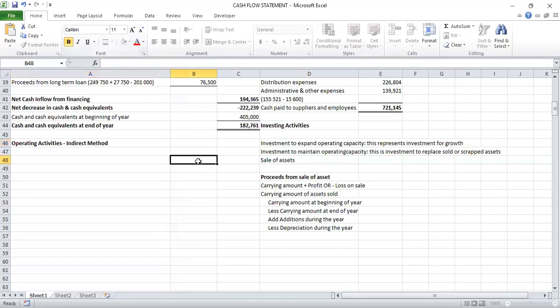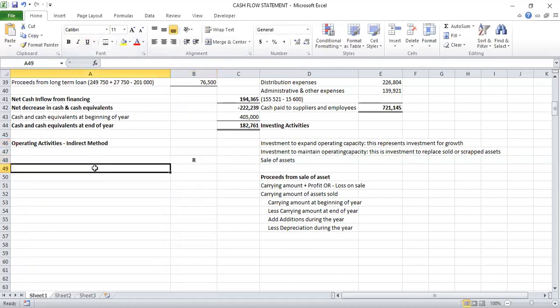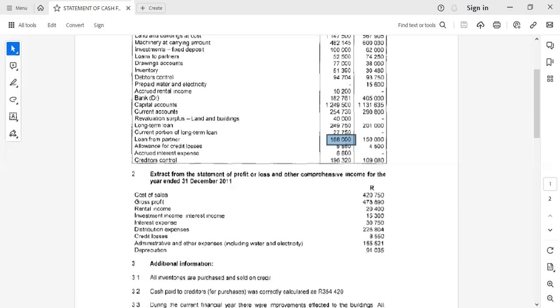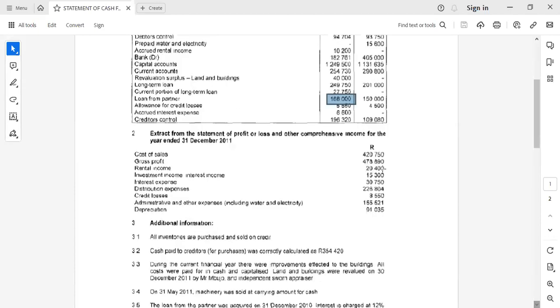When we're using the indirect method, we start with the profit for the year. Can you give me the profit here?